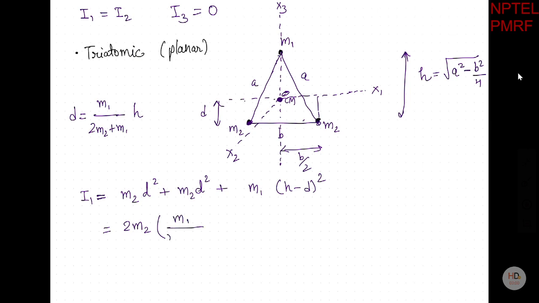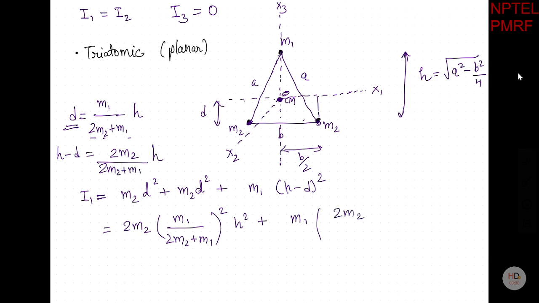It's m1 by 2 m2 plus m1, whole square, h square, plus m1, and now for h minus d, so this is d. So when you do h minus d, the numerator becomes the denominator minus m1. So 2 m2 divided by 2 m2 plus m1, h. So this becomes m1 times 2 m2 divided by 2 m2 plus m1, square, h square.